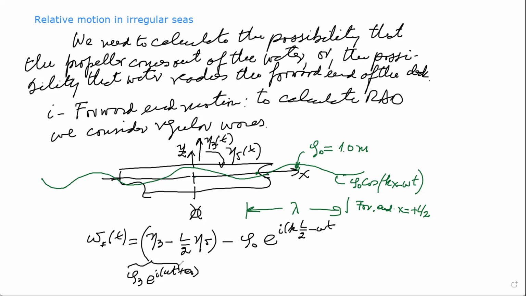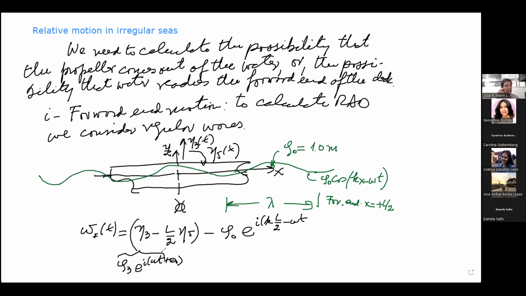You have to take it from the results of the MaxSurf computer program. Similarly for eta 5. So you have eta 3, eta 5, and the elevation of the surface. Those three are harmonic functions, so for each one of them, you have amplitude and phase shift.